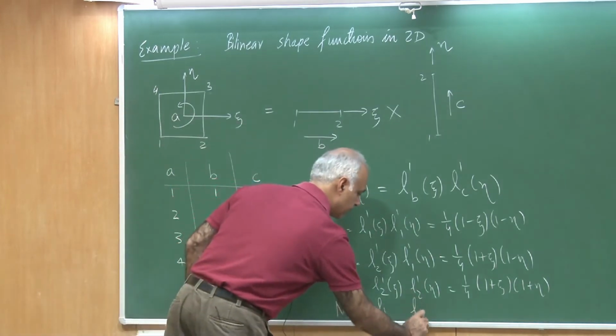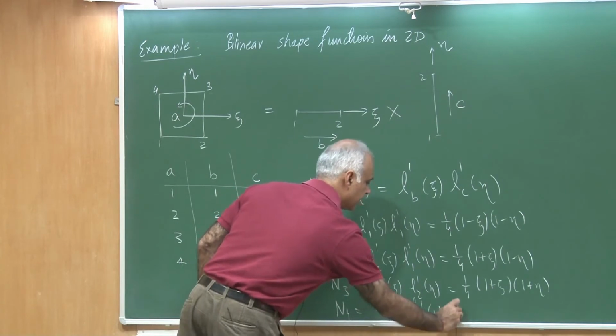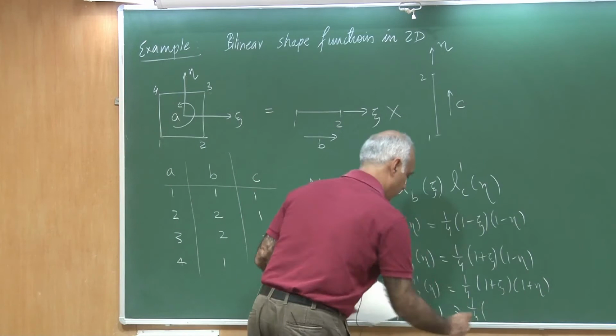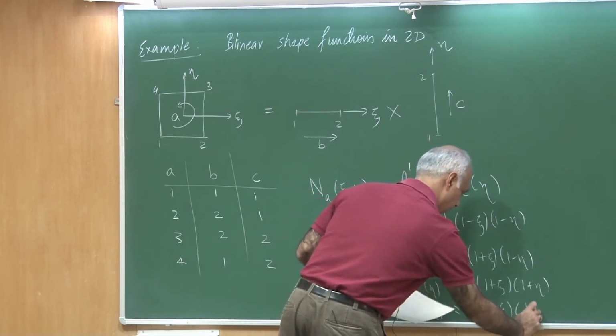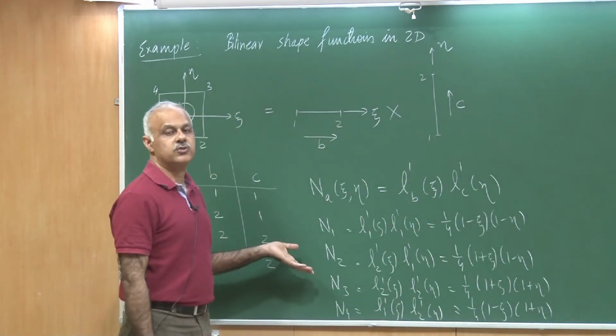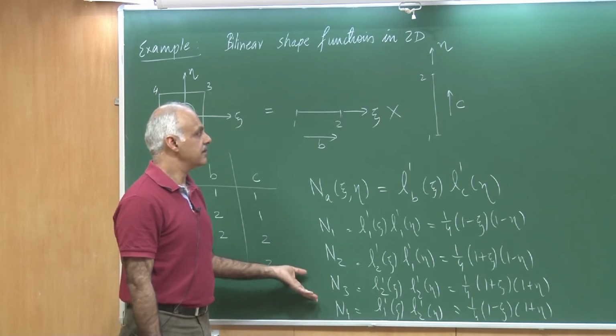So, I can put 2 here, first order, this is xi, this is eta, and the answer you would get is 1/4 (1 minus xi)(1 plus eta). In fact, these are identical to the bilinear shape functions that we have already proposed. Okay.